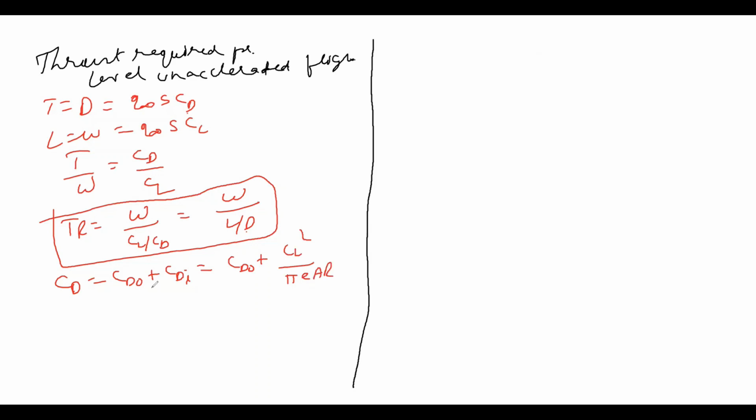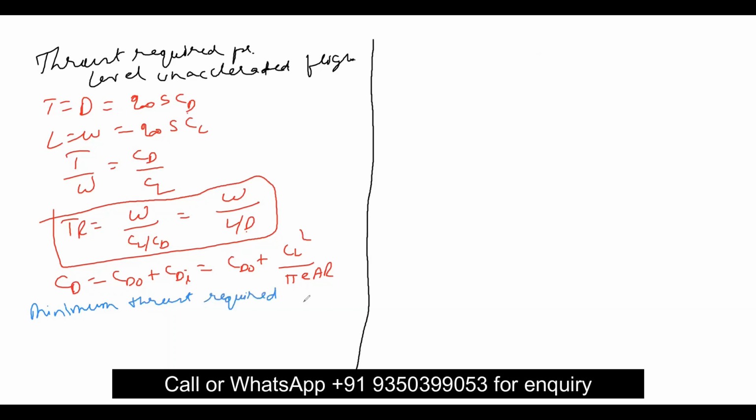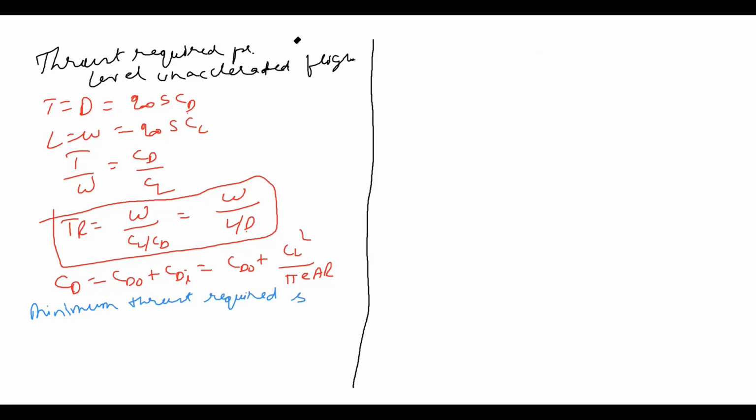When you solve this, we get a condition called the minimum thrust required condition, which is CD naught equal to CDI. So when CD naught equals CDI, minimum thrust required occurs. And in this case, CL by CD will be maximum.